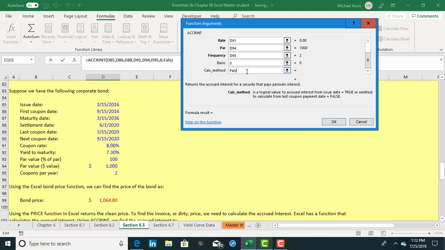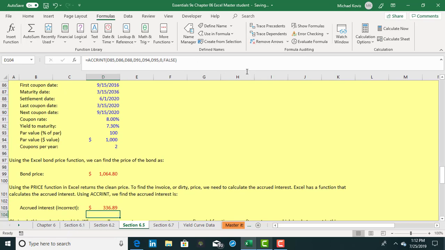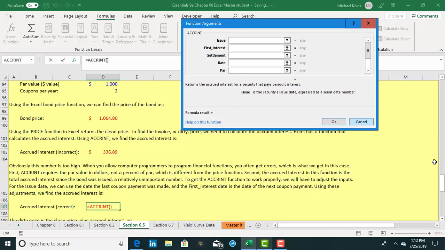We'll plug in 0. We'll click OK. Oh, helps if I'm looking at the wrong formula.